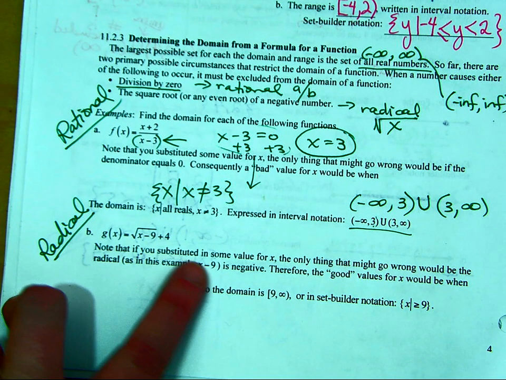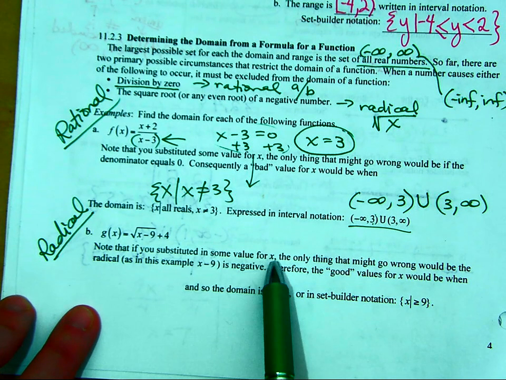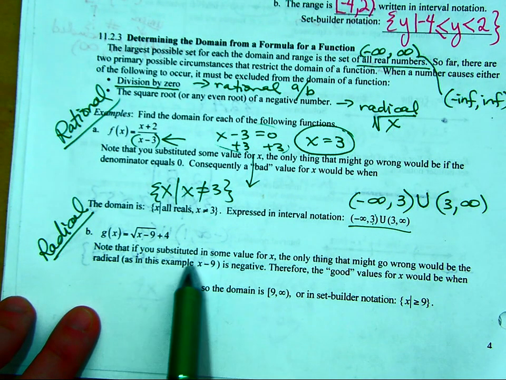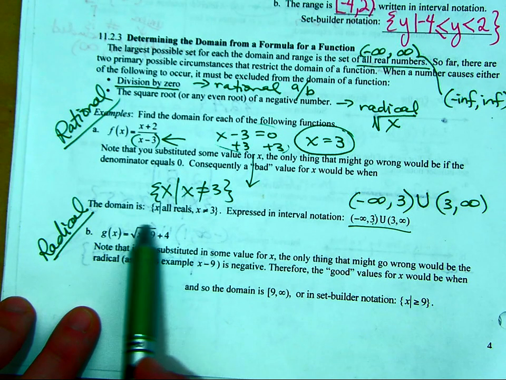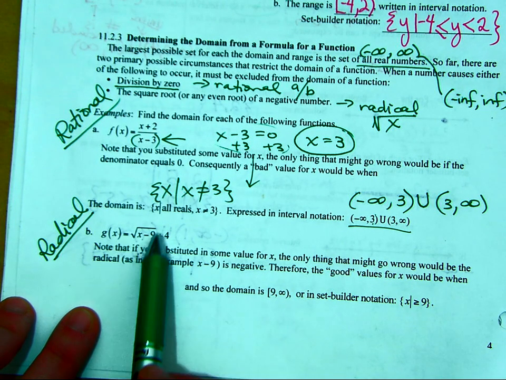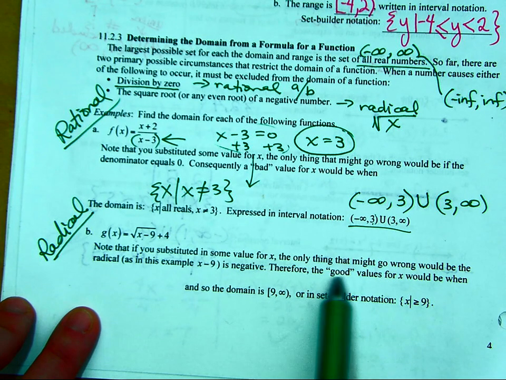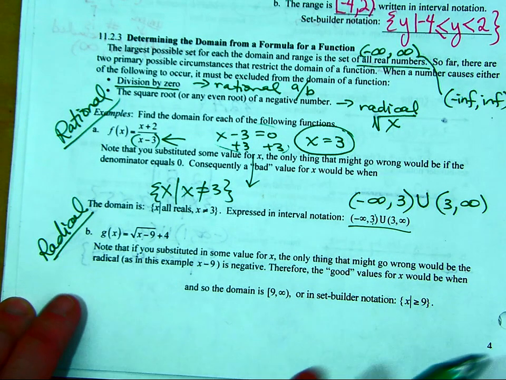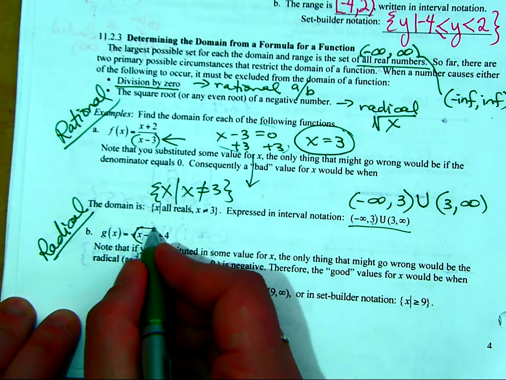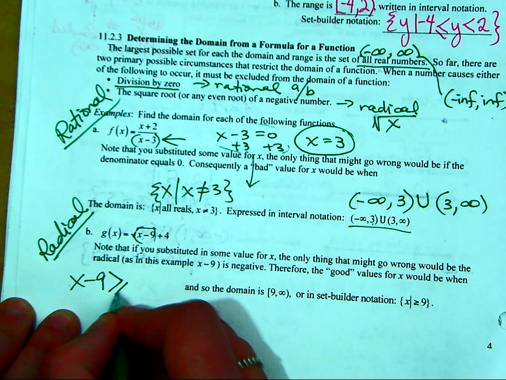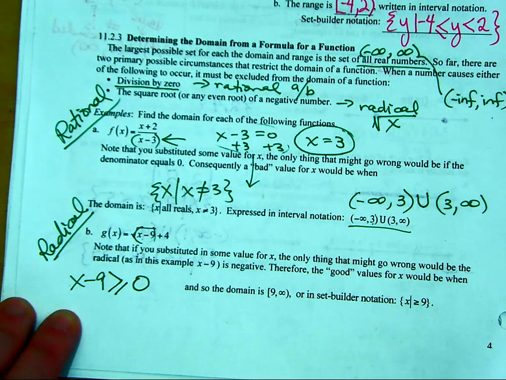Note that if you substitute the value of x, the only thing that might go wrong would be if you ended up with a number that was negative, if that produces a negative. Therefore, the good values of x would be when everything underneath the radical, x minus 9, has to be greater than or equal to 0.